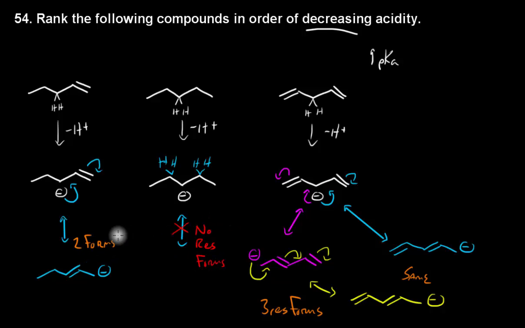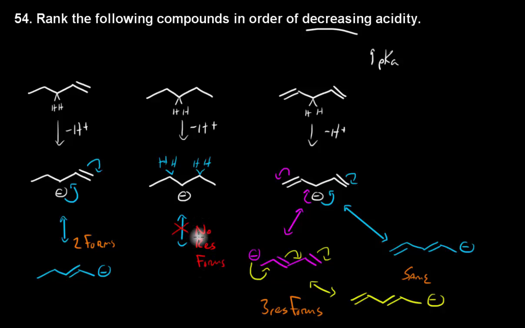So 0, 2, and 3 resonance forms. I guess technically you could call this a resonance form, but there is no conjugation to it, so calling it a resonance form is kind of a misnomer. But anyway, I'm really going on tangents for this one. Okay, so decreasing acidity.